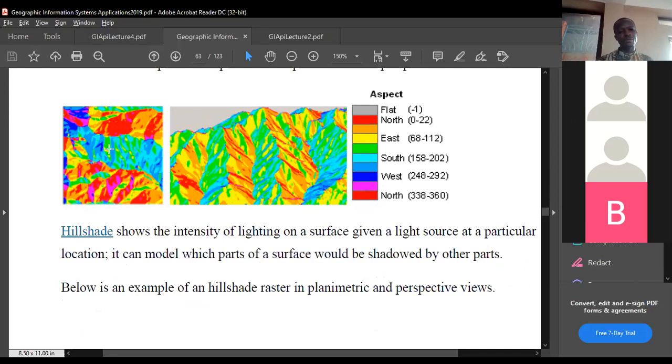So these areas, for example, are actually pointing towards the north. Are you with me? It means anybody going in the northwest direction at a point will see you. Okay, all right. And then on the right, we have the rendition, and on the left, we have the surface with its values. Okay, and so the aspect raster is like that.